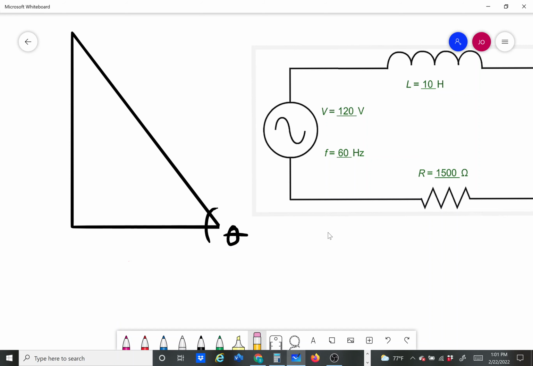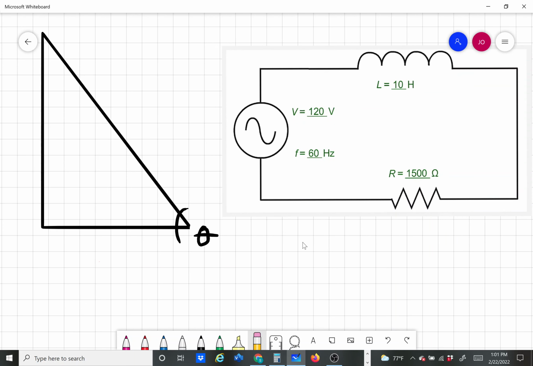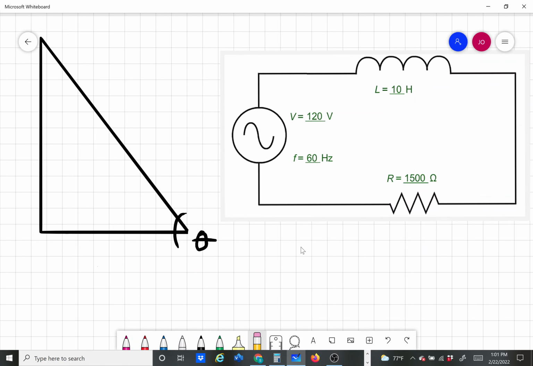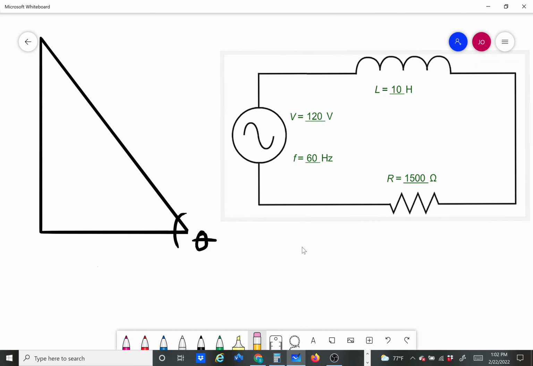All right. So now we have our circuit. I picked one that's not super challenging, but it's going to take us a couple of steps. We see that we have a resistor value of 1500 ohms, and that resistor value is going to come down here, 1500 ohms. I have a source voltage of 120.